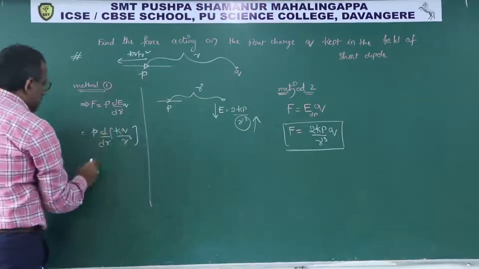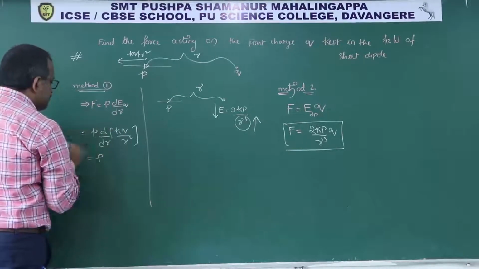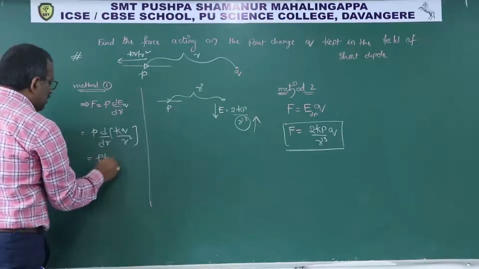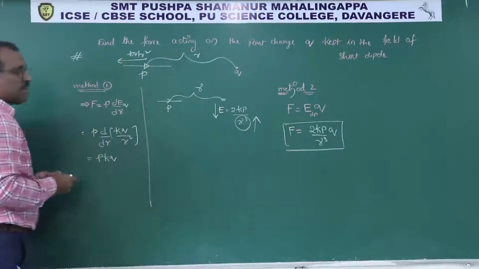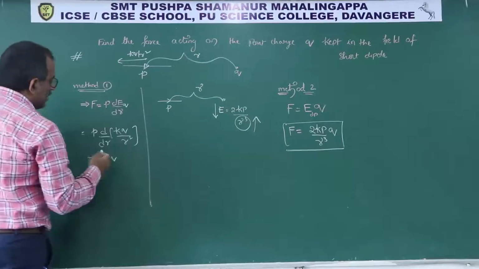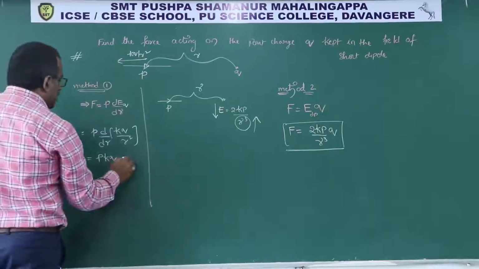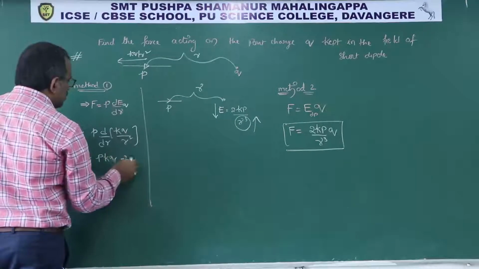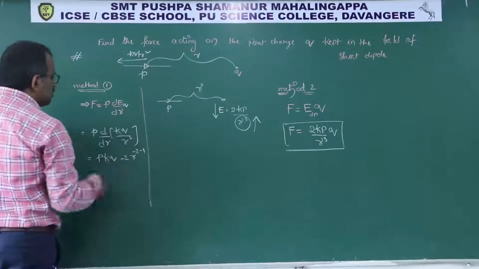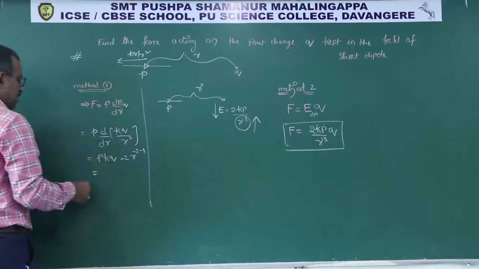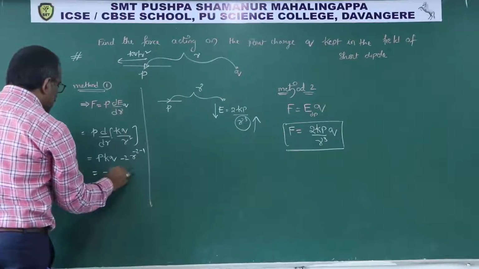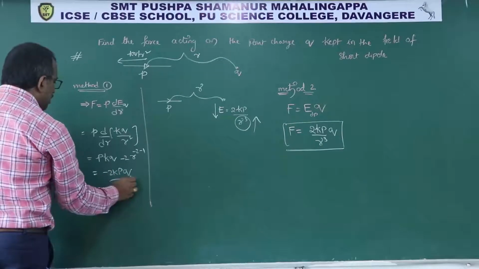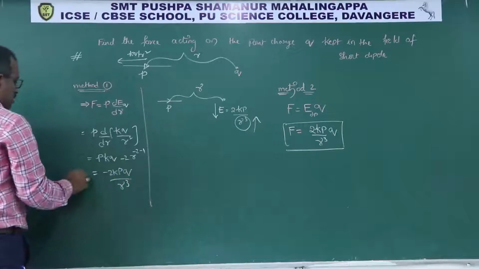So I can solve in this way also. So 1 by r square, this is p kq 1 by r square, differentiation will be r power minus 2, means minus 2 r power minus 2 minus 1, then answer will be minus 2kpq by r cube. Clear?